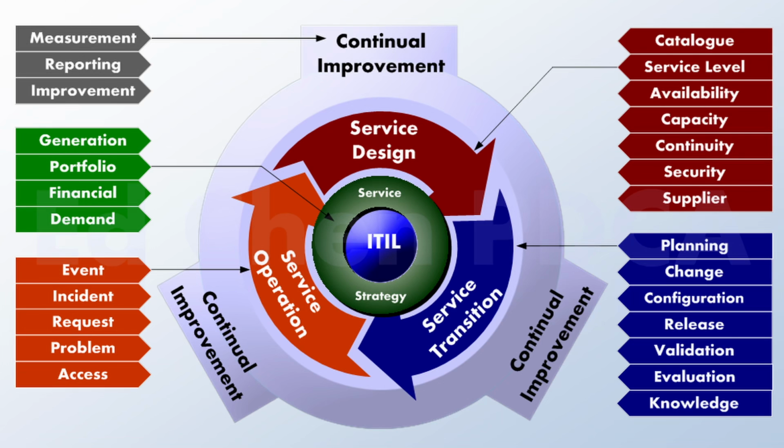Then the service goes into the design phase. And after that, it is transitioned into service operation. And then the continual improvement initiates a circle of activities of these 3 phases. Furthermore, in each phase, a selection of processes can be used.